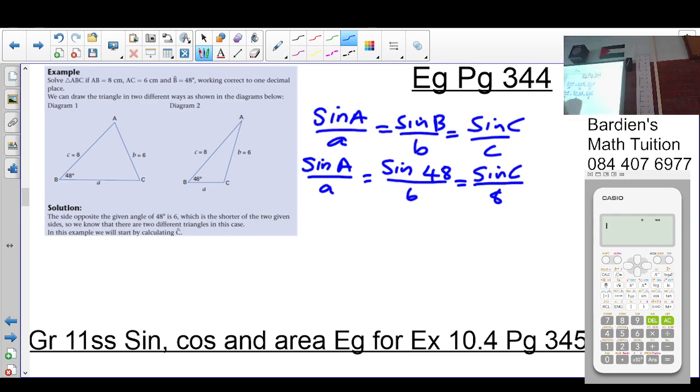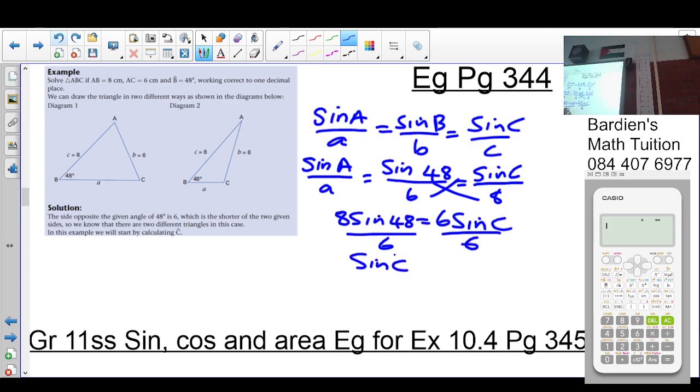What can be calculated at this point? C can be calculated. So we cross multiply: 8 sine 48 is equal to 6 sine C. Divide by 6 on both sides.